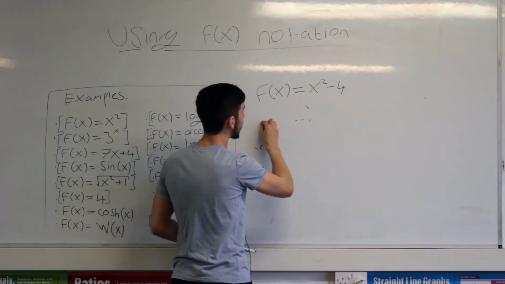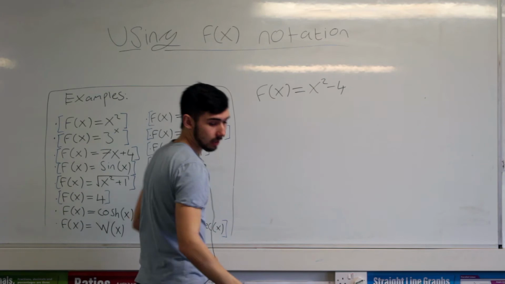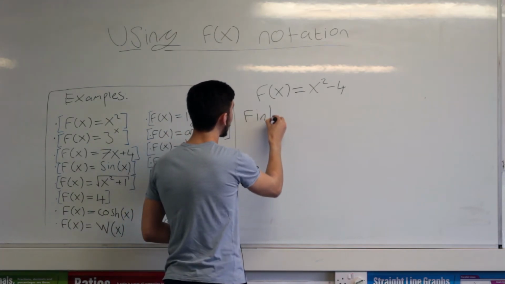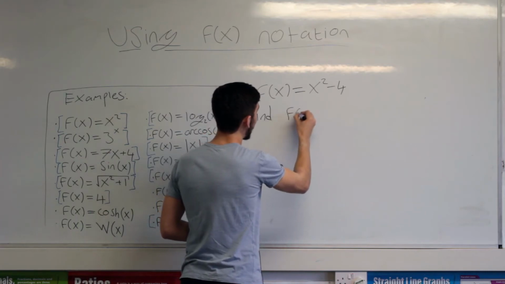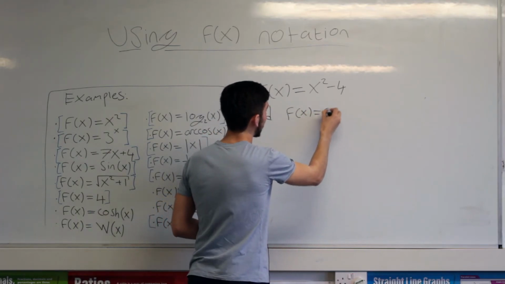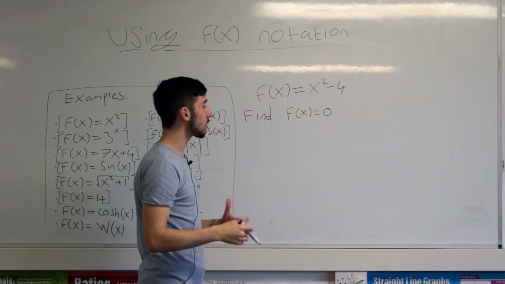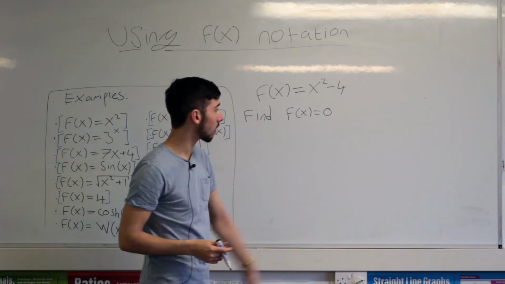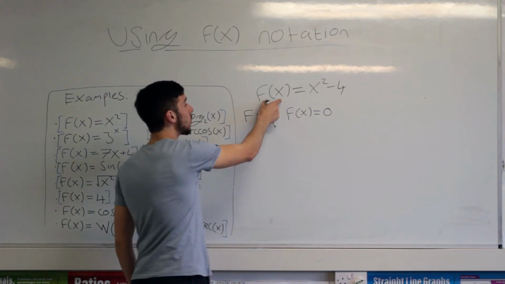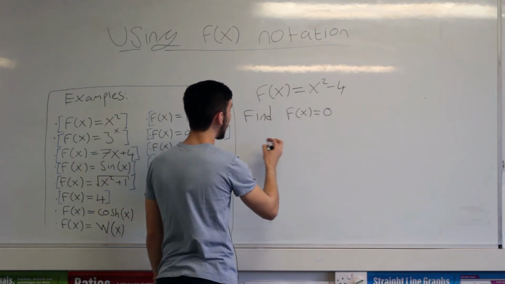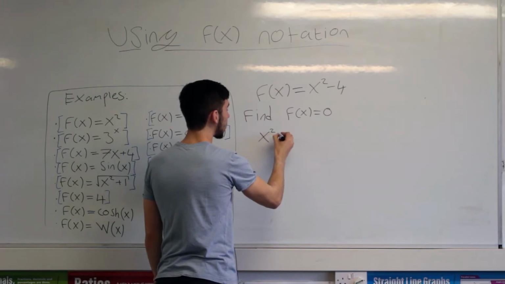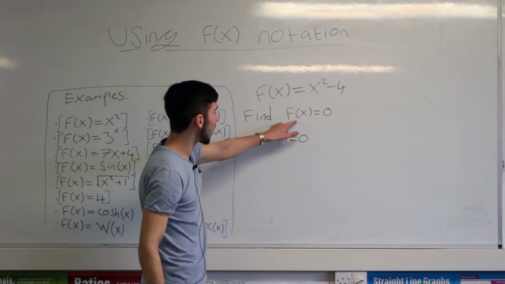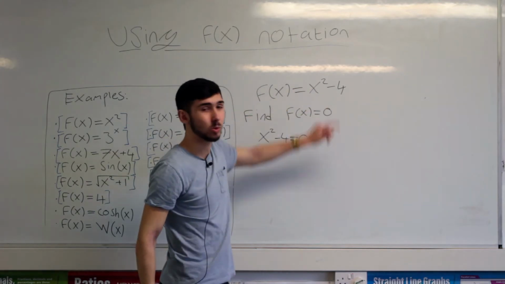So let's use the same question, guys. If it says, find the values such that f of x is equal to 0. What does that mean? We're being told f of x is equal to x squared minus 4, so we can say x squared minus 4 is equal to 0, because f of x is x squared minus 4.